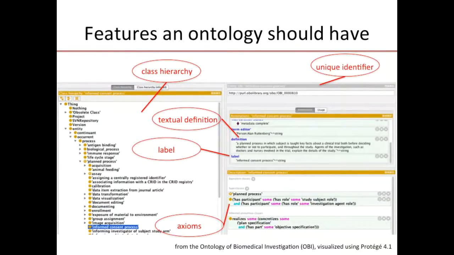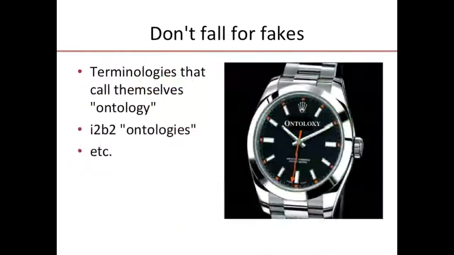But the problem is that still we're in a situation where all of these things, ontologies, computers, information systems, are handled by meek human minds. So we need to have a textual definition that's understandable to humans, and we need to have a human readable label. And that's it. Those are the things that ontologies should have.